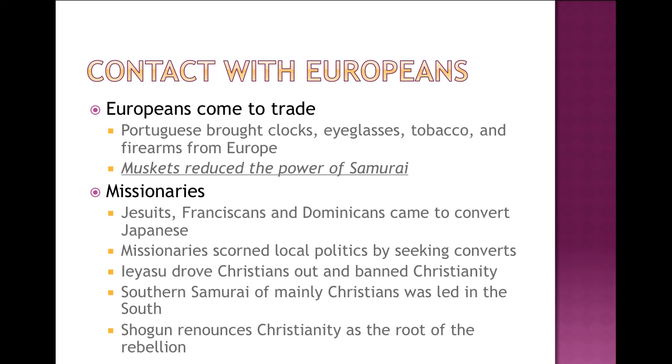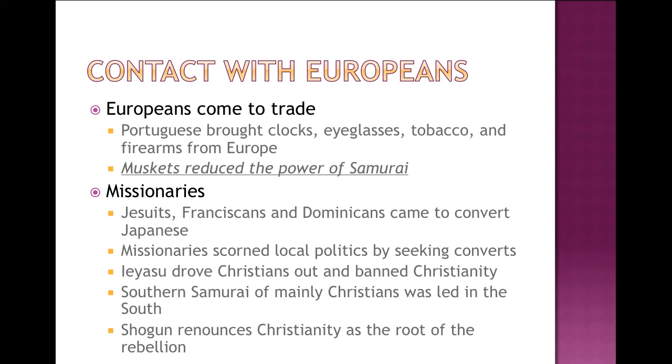Missionaries were coming over, trying to convert people to Christianity. The Jesuits, the Franciscans, and the Dominicans, the orders of the Catholic Church that came around during the Catholic Reformation, were coming over to convert. They kind of scorned the local politics because they were seeking out converts. So eventually, Tokugawa Ieyasu drives the Christians out.